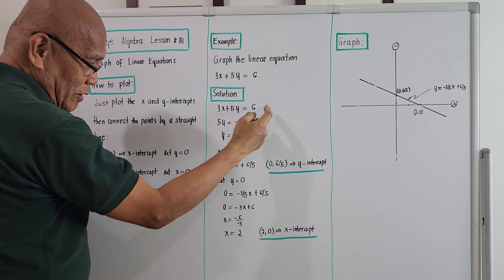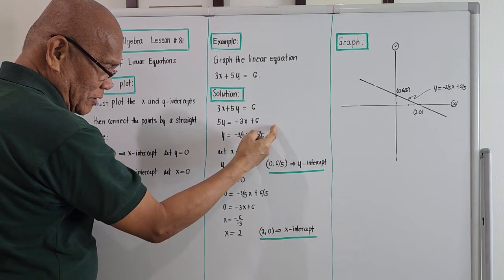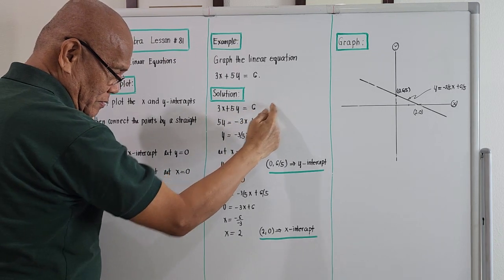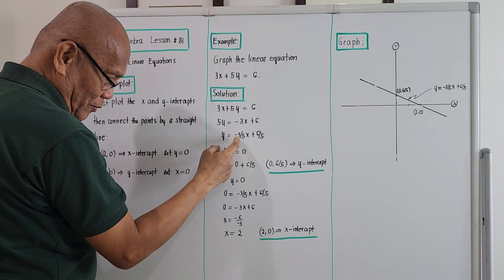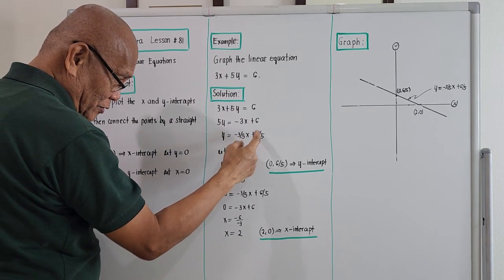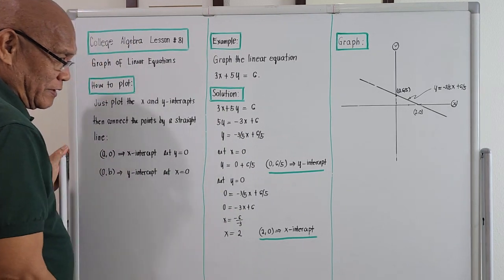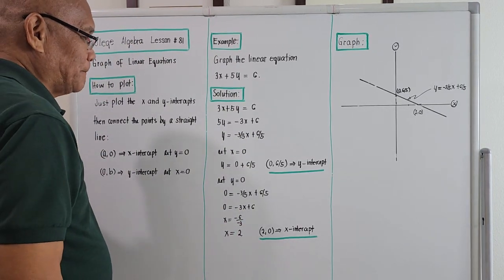3x plus 5y equal to 6. 5y will be equal to minus 3x plus 6. We transpose this. Dividing all terms by 5, y now will be negative 3 over 5 times x plus the ratio 6 over 5. Right? Okay, let's compute for the y-intercept.